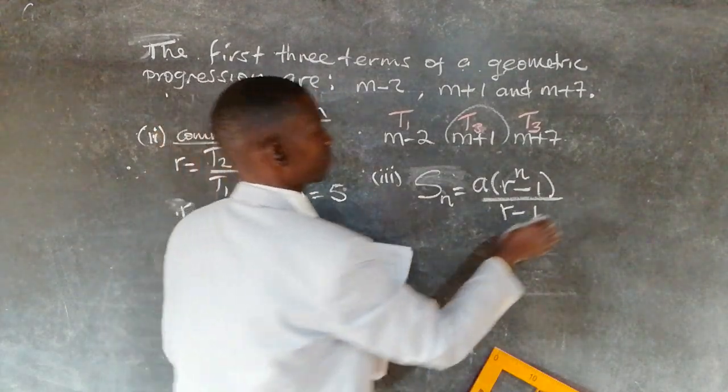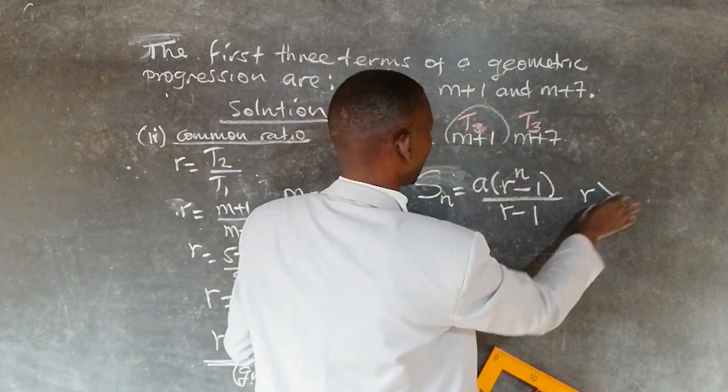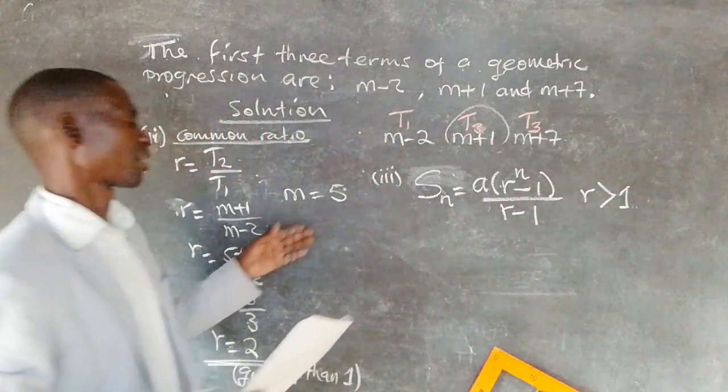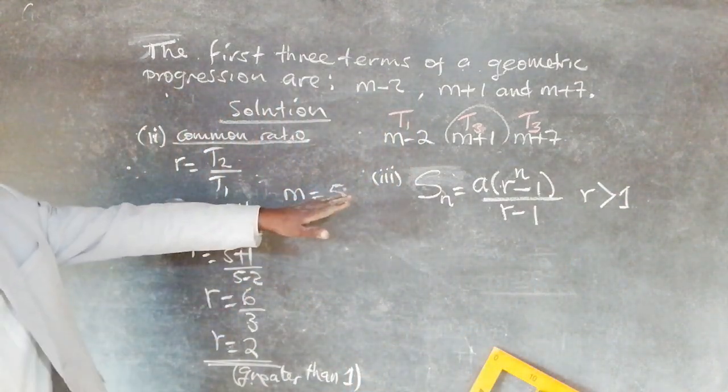Why is it like that? Because the common ratio is greater than 1. So as long as the common ratio is greater than 1, that is the formula that we are going to use.